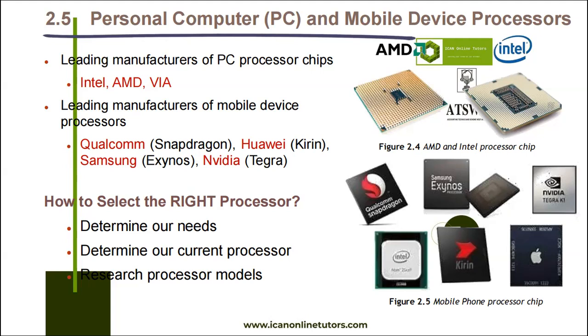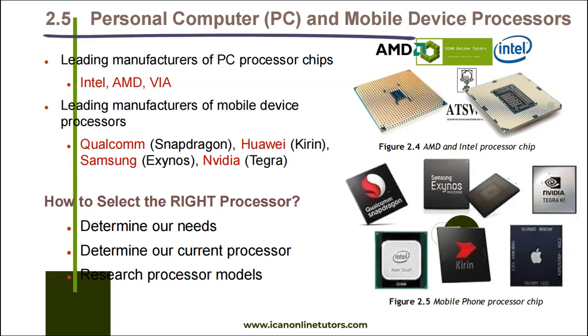That goes along to determine the type of Intel you have. We also have the AMD processor, produced by the AMD manufacturer, and the VIA processor. This image shows the AMD processor, and this shows the Intel processor. These are very strong processors that you find in computers.